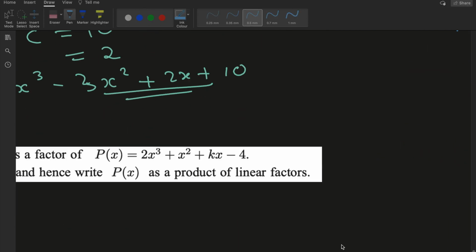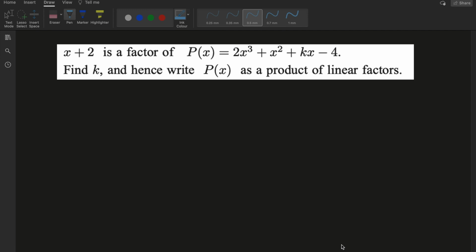So let's solve the last question. Let's read the question. x plus 2 is a factor of p of x, which is 2x cubed plus x squared plus kx minus 4. We have to find the value of k, and then we have to write p of x as a product of linear functions. So let's do that.